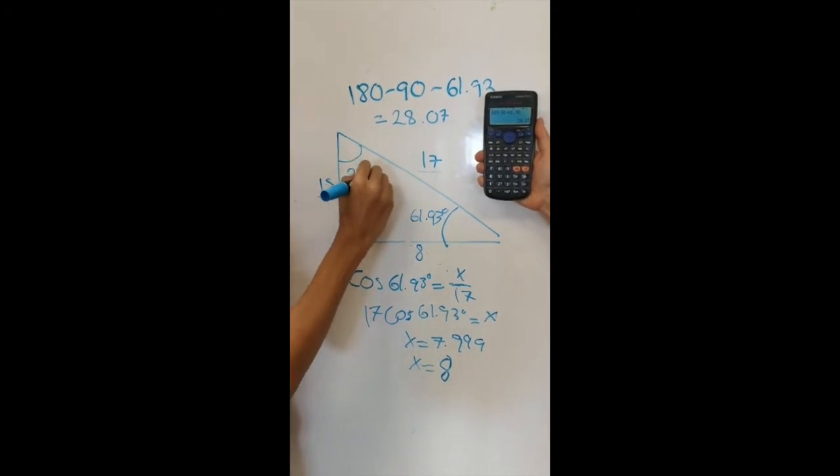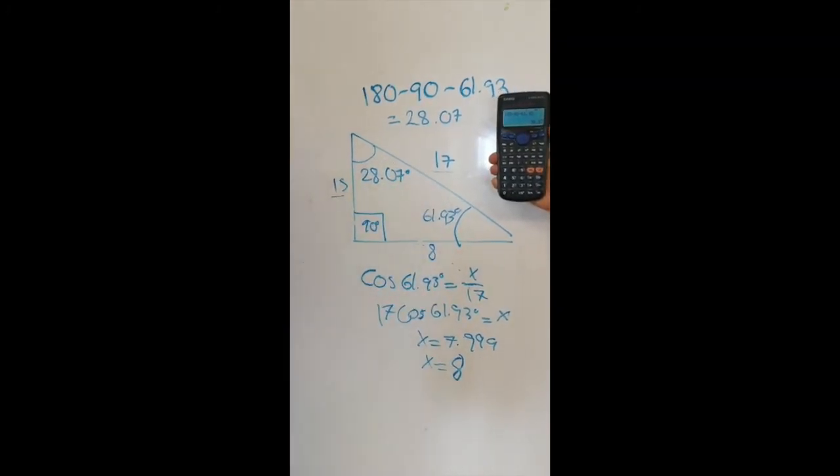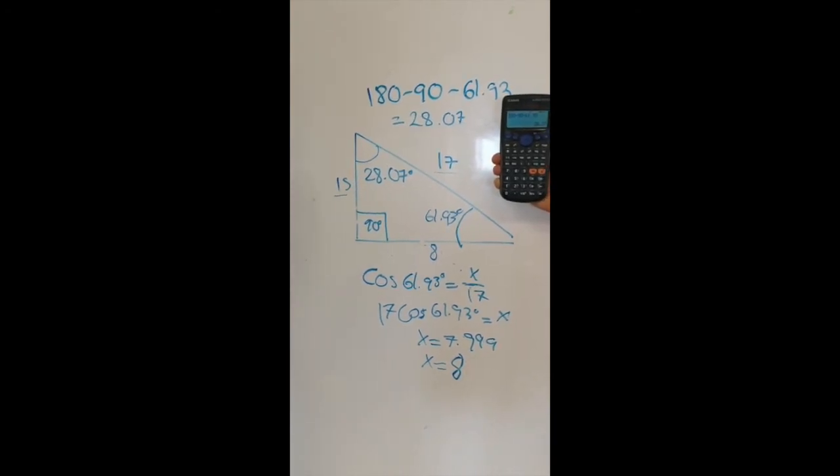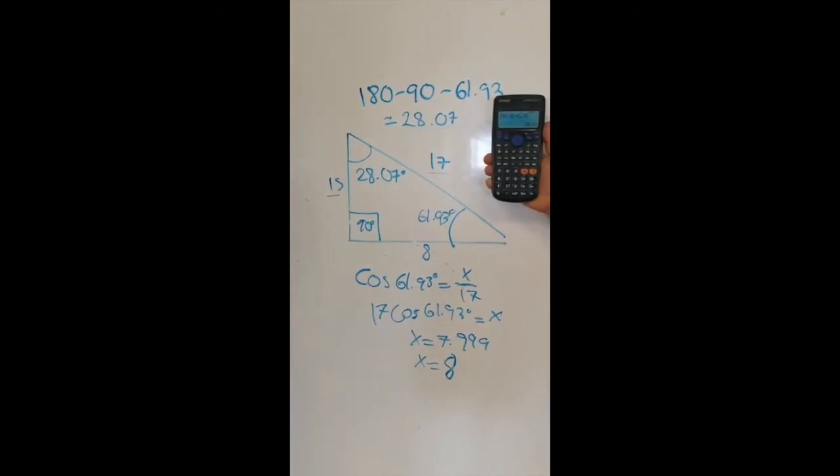And there we have the three angles of our right triangle and the three sides. And that's how you use the trigonometric ratios and the calculator to get every piece of data of your triangle.